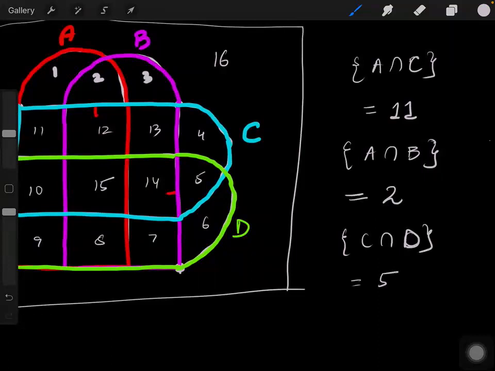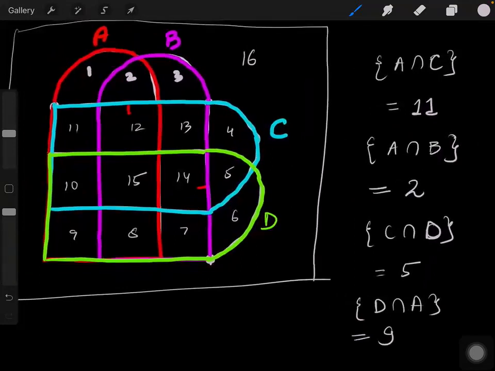D and A would be region number 9. So this clearly solves all the regions that we have, and it is much easier to draw than the oblong shape as suggested. So there it is.